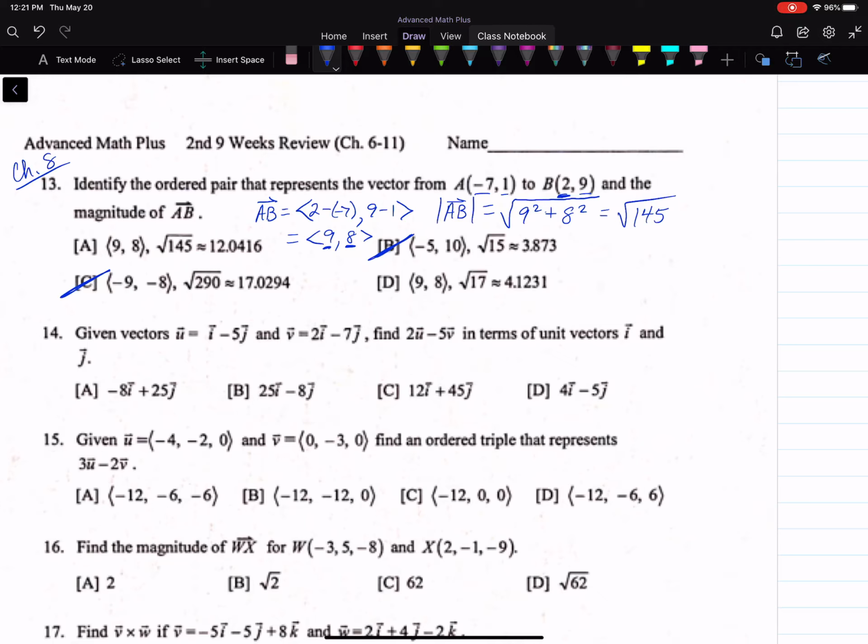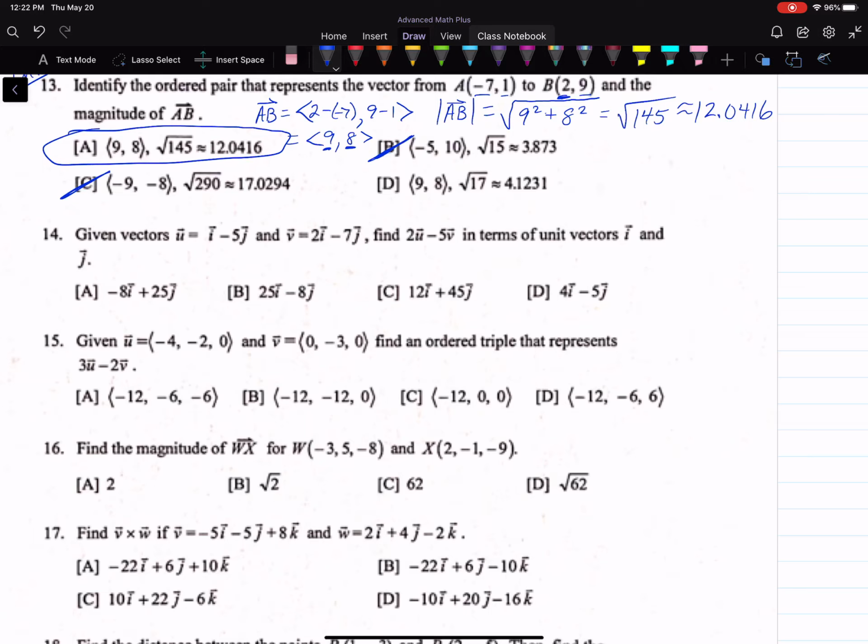So it's just the square root of 145, which equals 12.0416, which is A. Easy enough? Okay.